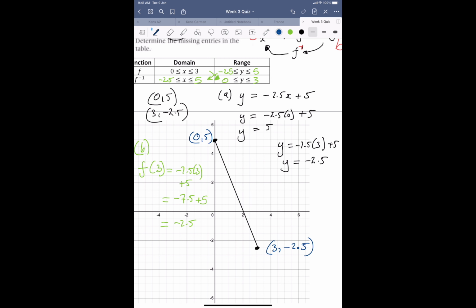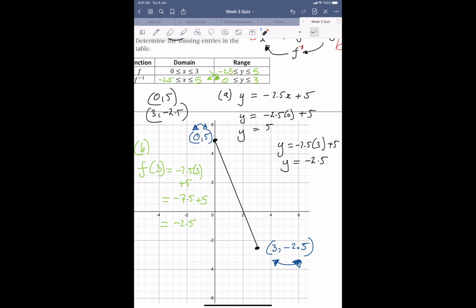Basically these are the points for the function. And so for the inverse function, these coordinates just switch round. So we're going to switch the coordinates and plot them. But also, of course, the graph of the inverse function is a reflection in the line y equals x. That's another way of saying the x and y's interchange. So let's go ahead and interchange.